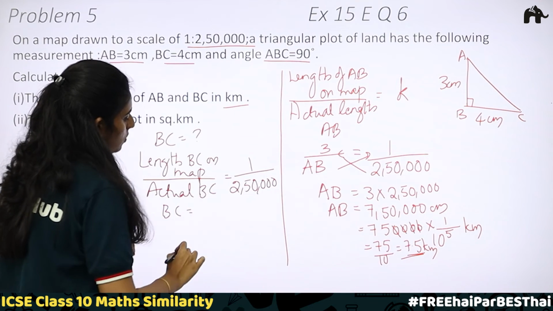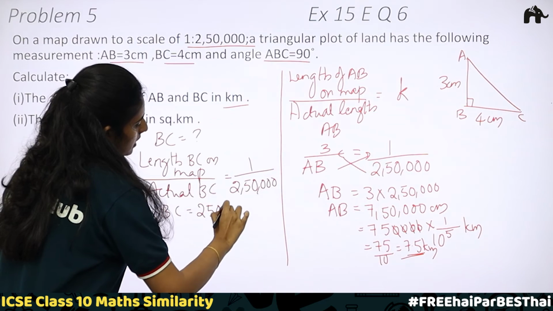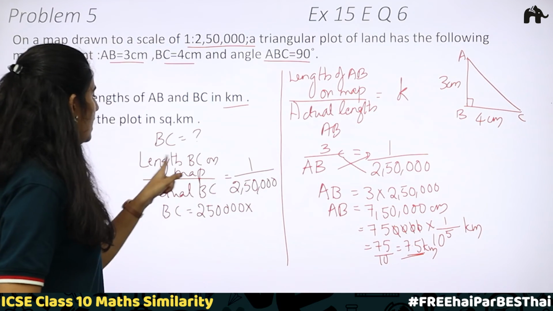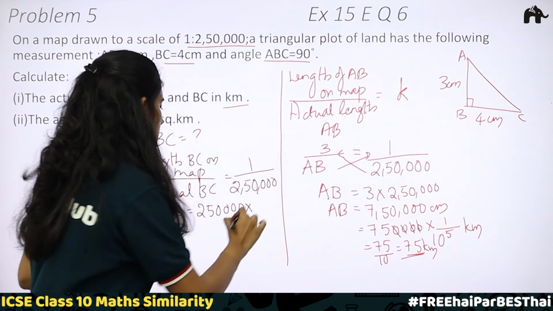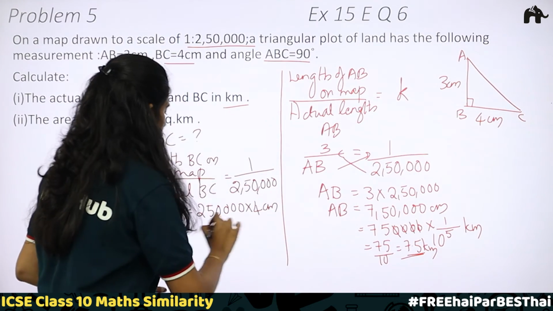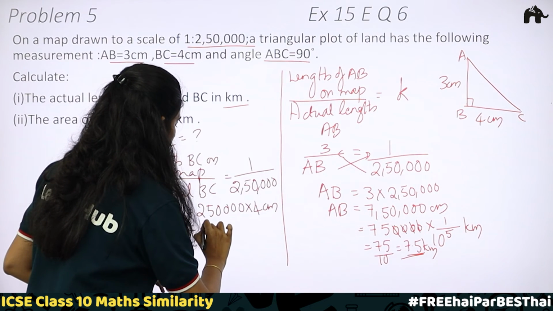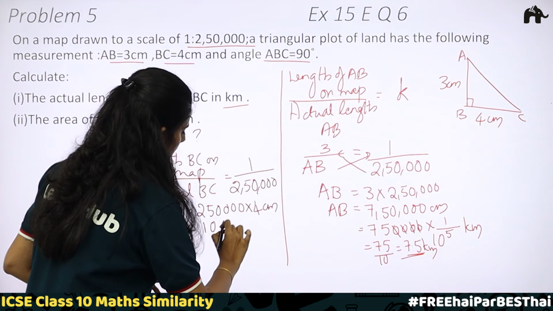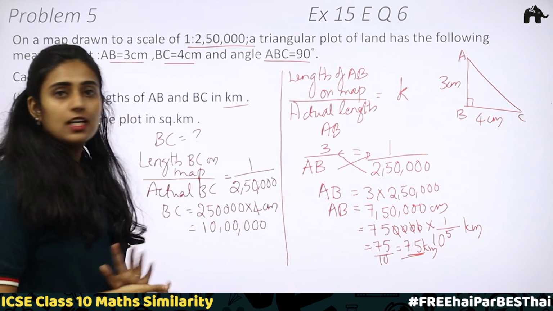BC will be equal to 2,50,000 into the length BC on map. What is the length BC on map? It is equal to 4 centimeter. 4 centimeter, which is equal to, we get 10 lakhs. Okay, we get 10 lakhs.